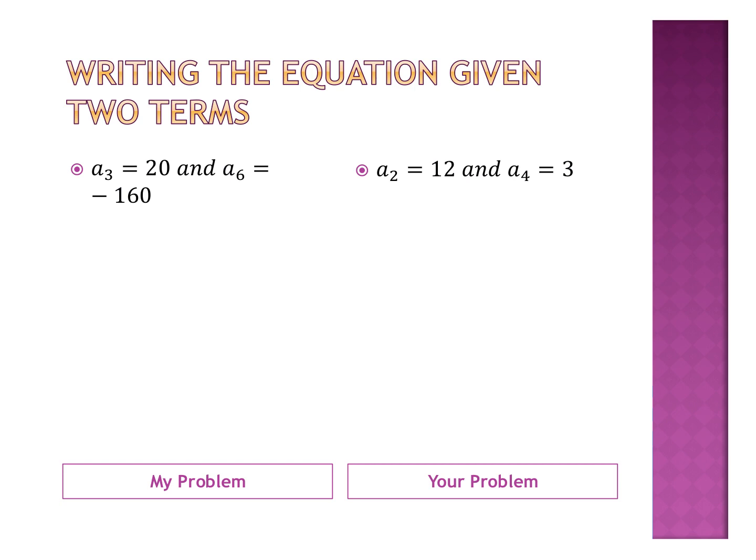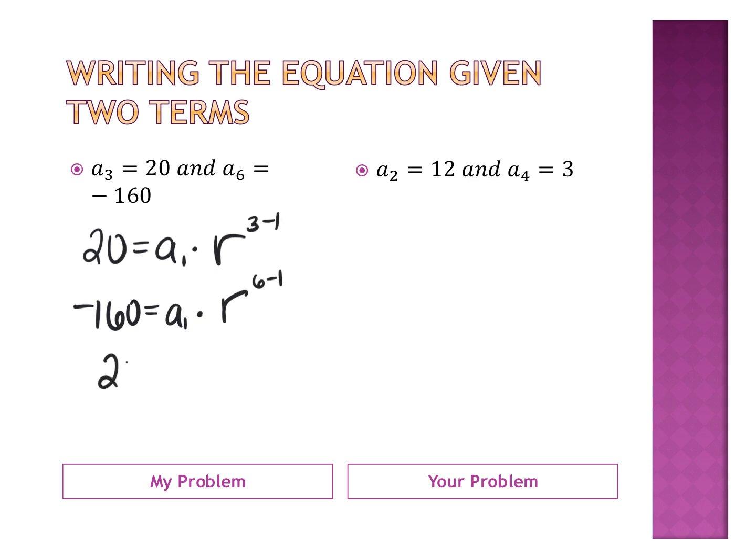Okay, and what if we have two terms, but we don't know the a1 and the r? Can we find that equation? So if a3 is 20 and a6 is negative 160, we can plug in what we know. We know that 20 is equal to a1 times r to the 3 minus 1, and negative 160 equals a1 times r to the 6 minus 1.